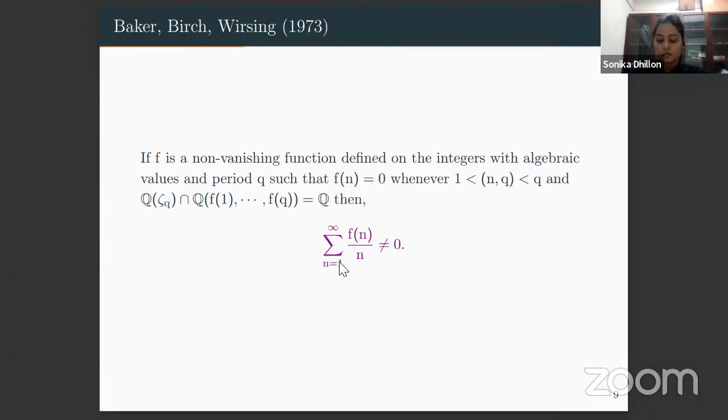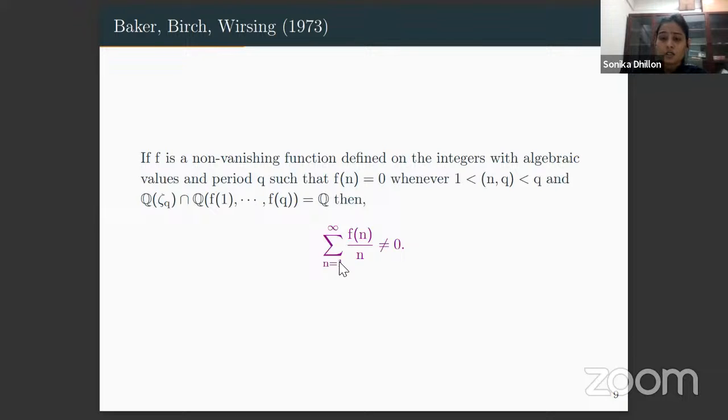Now, we have seen the conjecture of Erdős and even the question proposed by Chowla. Now, to answer those partially, in 1973, the Baker–Birch–Wirsing theorem, which is a famous theorem in number theory, says that if you take f to be any periodic function with period say q, and that is supported only at the coprime values, that means at the non-coprime values it is taking value 0.